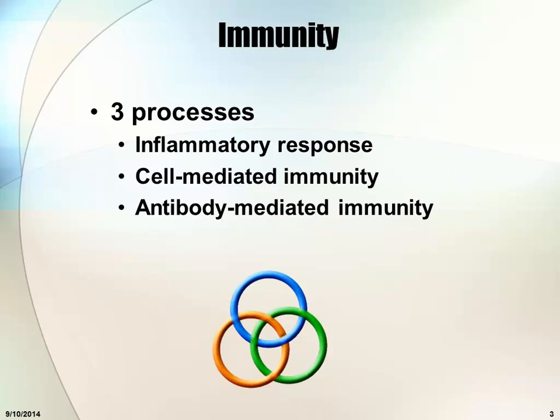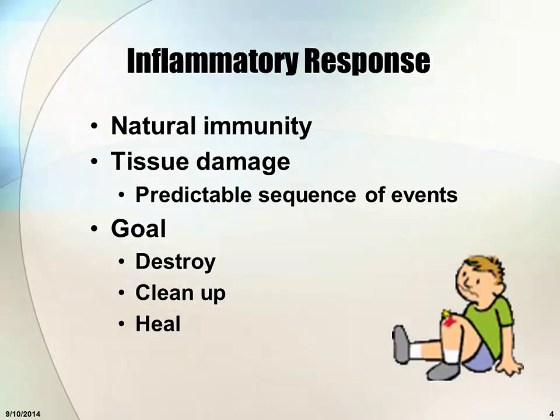Cell-mediated immunity is called cellular in some books, and antibody-mediated immunity is called humoral in some books. By the way, those 3 processes are all interdependent. They all overlap. They all react to one another and trigger one another.